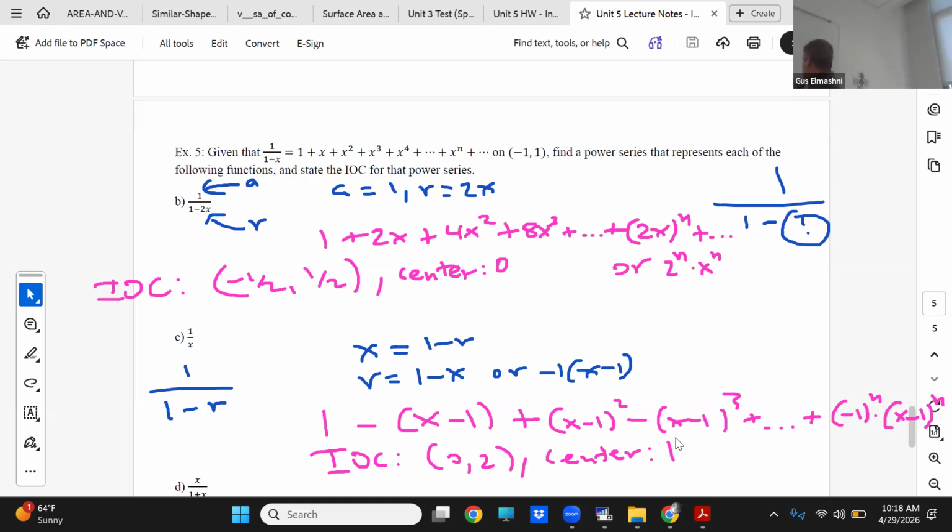And if you wrote this generally as 1 minus x raised to the n power, that's fine. It's just preferable to write this way so you can see that alternating, and you see that x minus some number. You're going to start noticing this is always the center of the interval of convergence. It's just a habit that we want to establish. But you're not wrong if you wrote it that way in purple on the board.